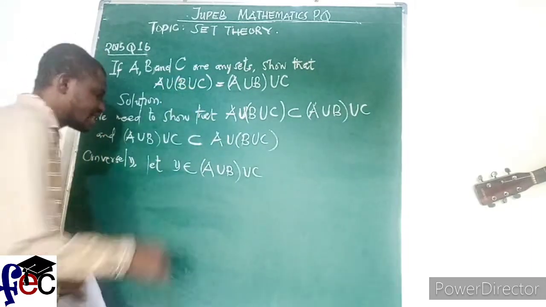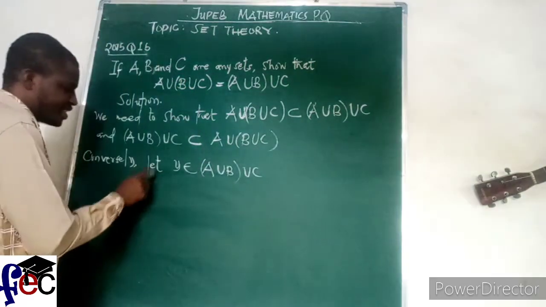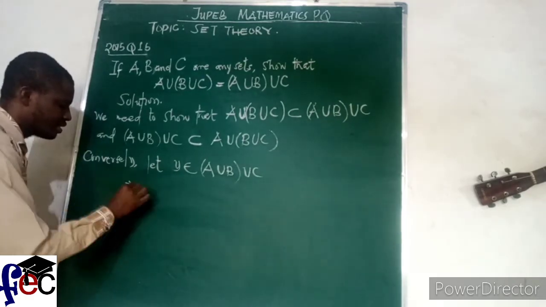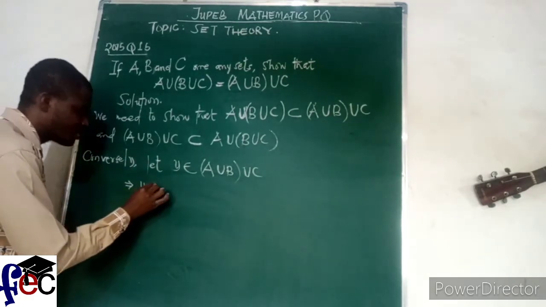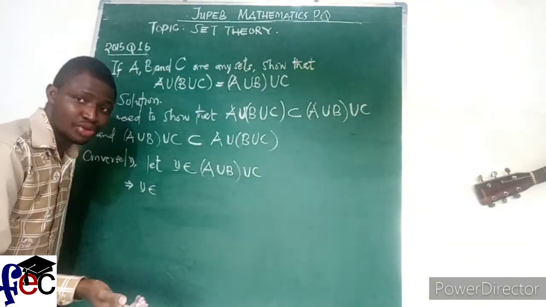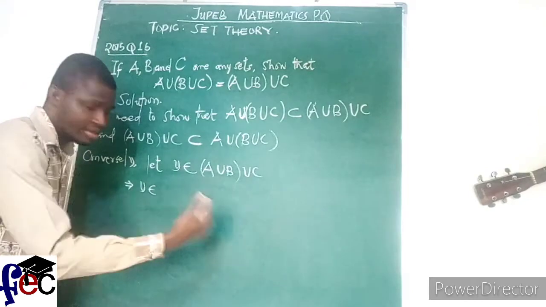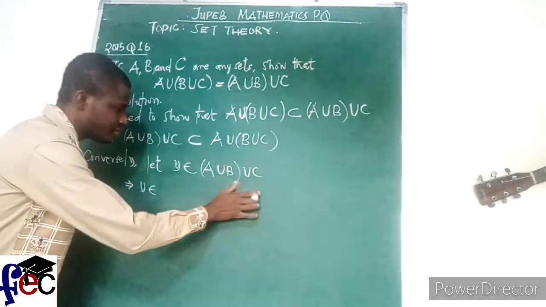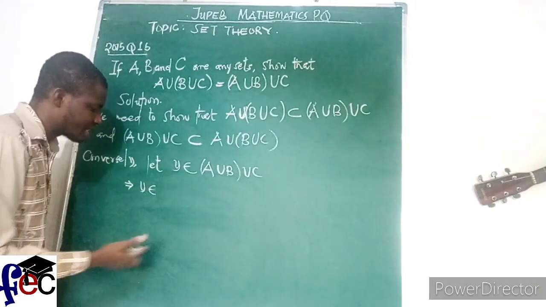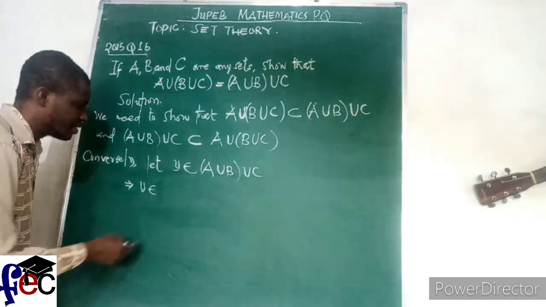So look at it now. From here, since I said let Y be a member of this, this implies that Y is going to be a member of... You may not necessarily write all those stories, but you can write some of the reasons why you are taking the steps that you are taking.